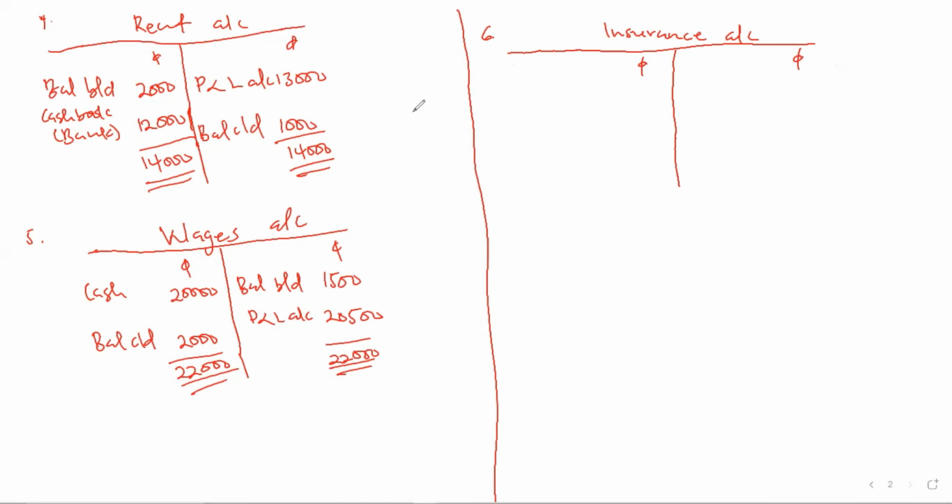With the insurance accounts, you have prepaid insurance. Prepaid insurance is an asset, so it means the opening balance will be on the debit side, which is 1,000. The closing balance will be on the credit side, which is 1,200. Sorry, 1,200.